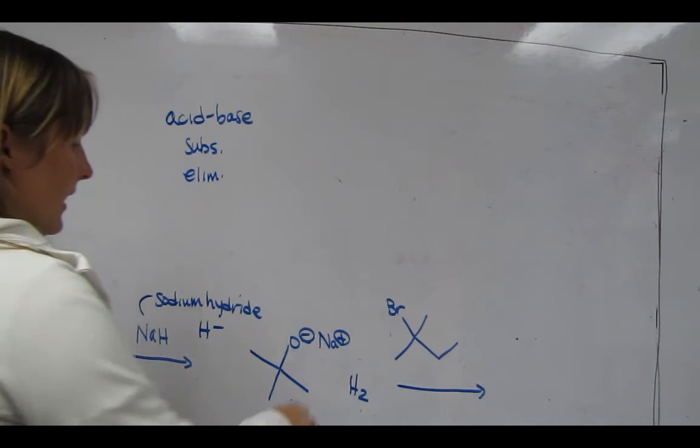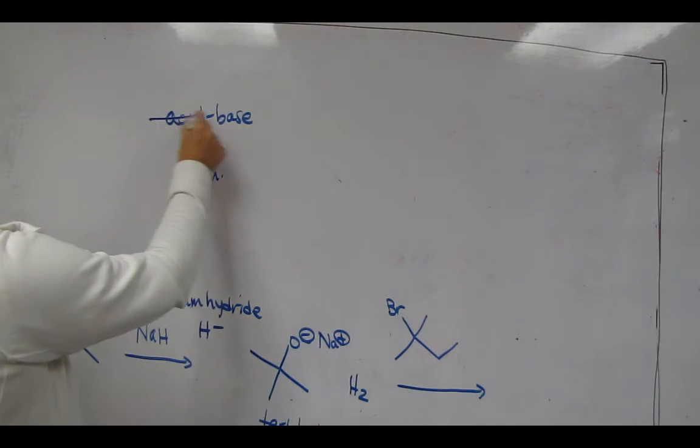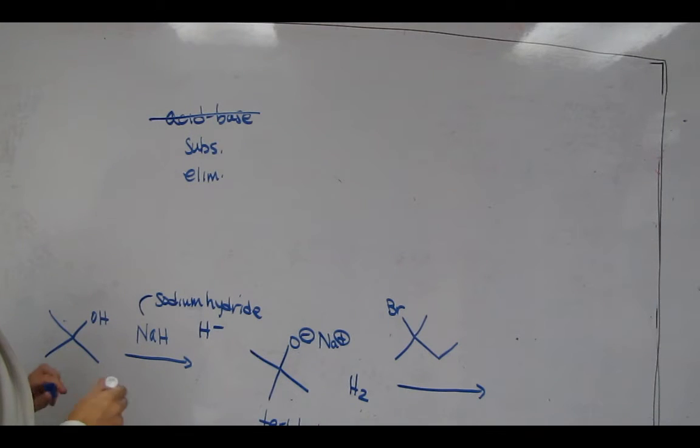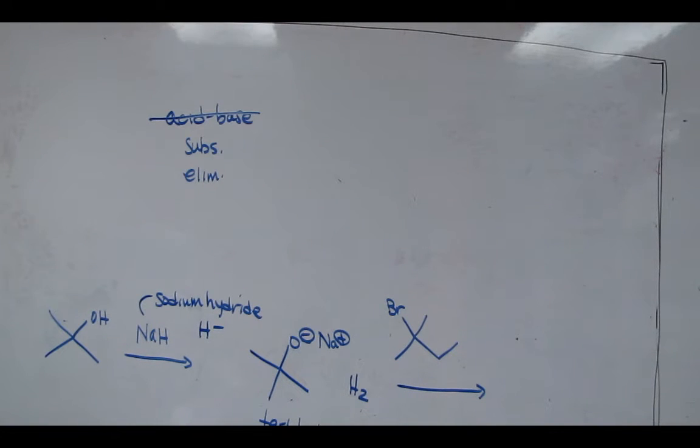Okay? Even though this is a base, this is not an acid, and so we can rule out acid-base. And so we ask ourselves, is this a substitution or elimination? In this case, you want to use your flow chart.